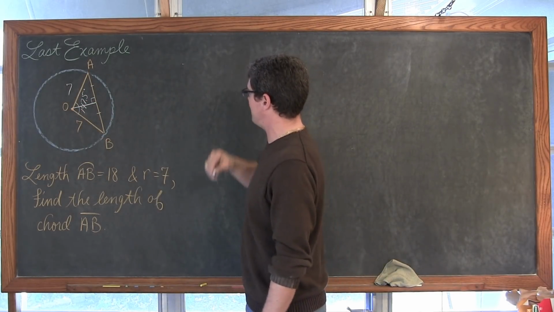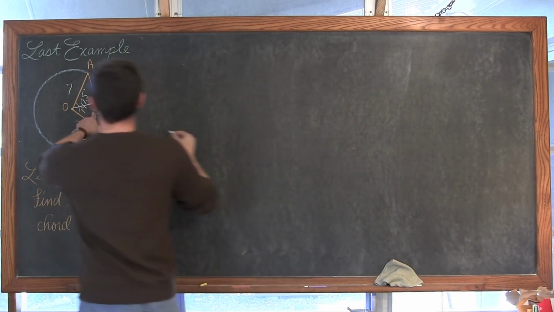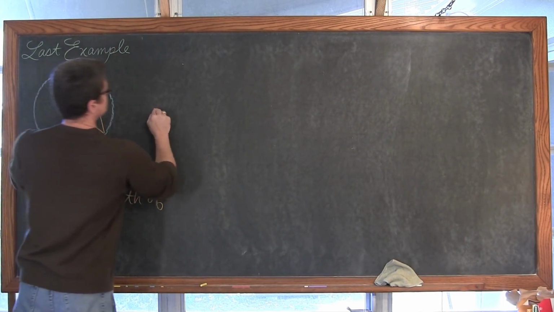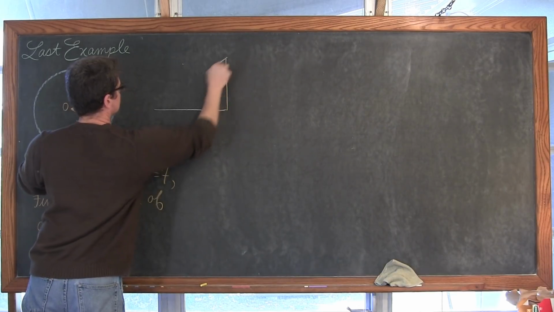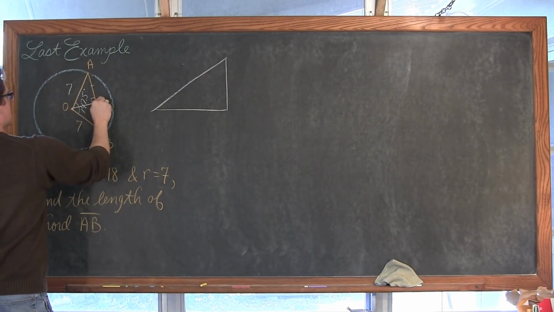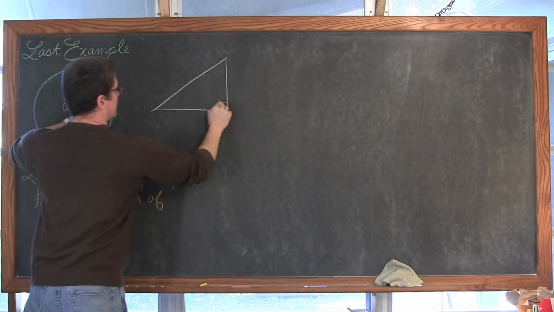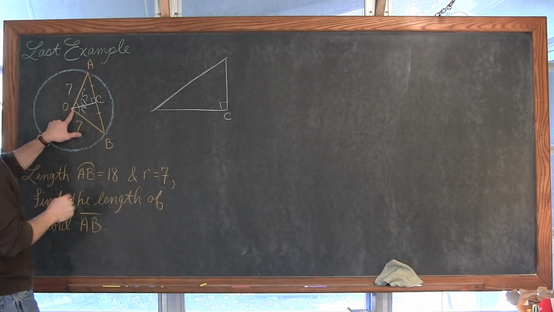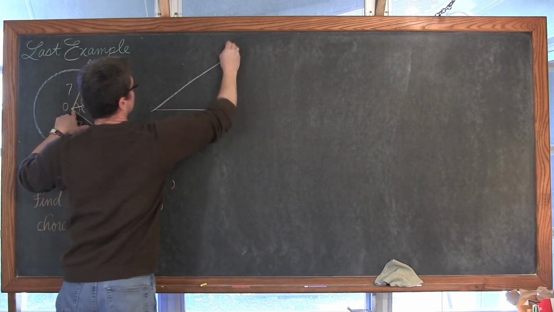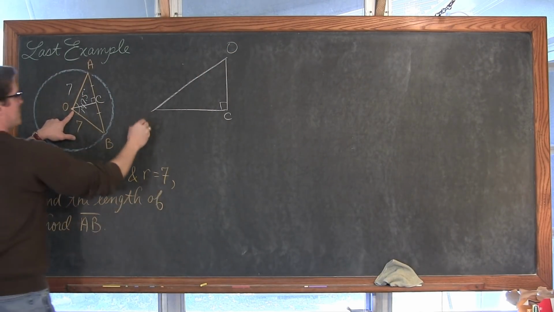So let's take this triangle out, and I'm going to go ahead and rotate it as well. We have A, B, O, and let's put a C here. So this is the right angle where point C is. I'm rotating it that way, so this point is getting rotated up, and there is O. We have B over here.